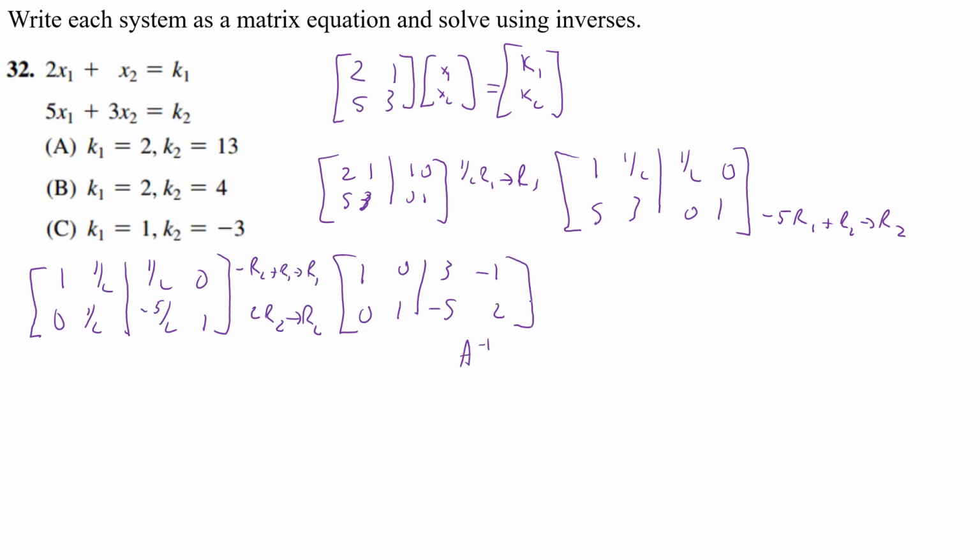All right. Now it gives us our K1 and K2 for three different versions. So we're going to have A, x1, x2, equal to that [3, -1; -5, 2].